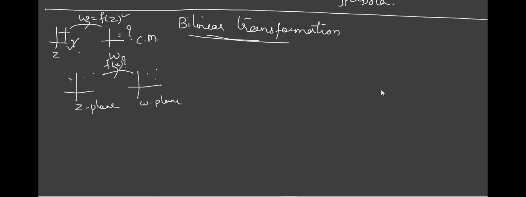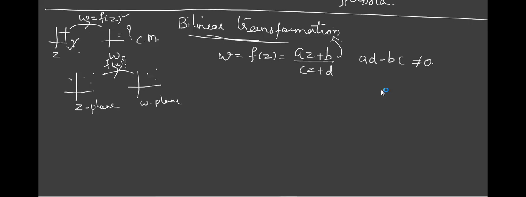Now this f of z may be anything. Among that, if you take one case, az plus b divided by cz plus d such that ad minus bc is not equal to 0, such a transformation is called a bilinear transformation.